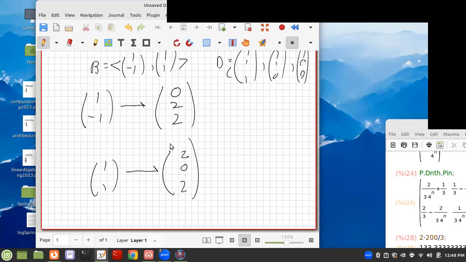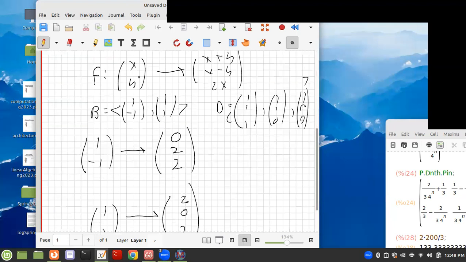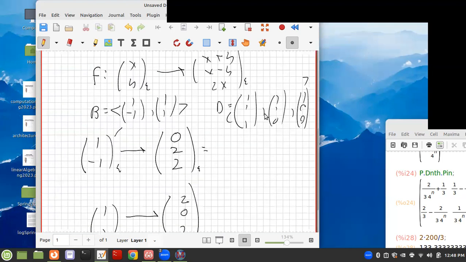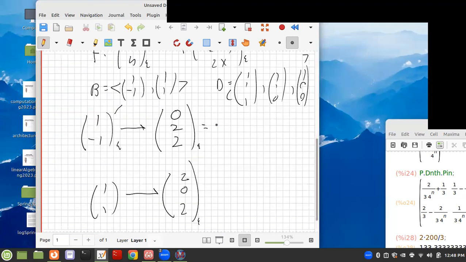But the problem is, I'm given the map implicitly in the standard basis. Although I've accounted for B here, this is the right vector to use. I've got the images in basis E. I have the image of the basis B vector in basis E, so I need to translate that to this other one.